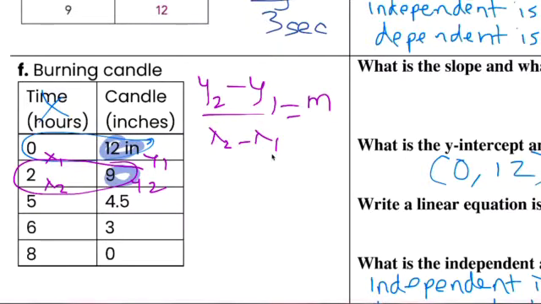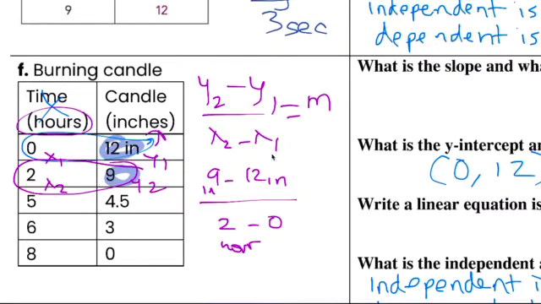They're inches. 9 inches minus 12 inches over hours, 2 minus 0, 2 hours. It's 3 over 2, 3 inches in 2 hours.